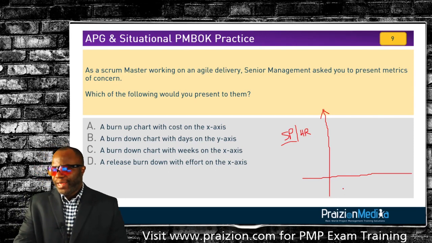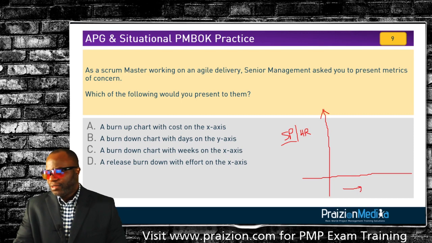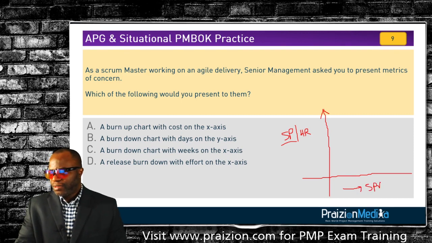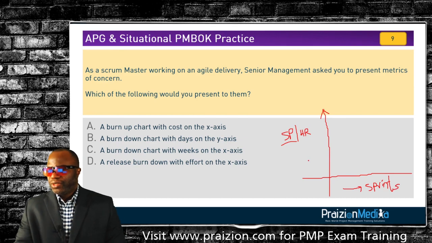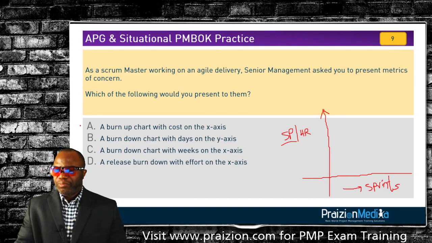And then on the x-axis, you've got sprints, or you've got days or weeks and things like that, the time factor. So with that in mind, A says a burn up chart with cost on the x-axis. Cost would not be on the x-axis, so it's not that.